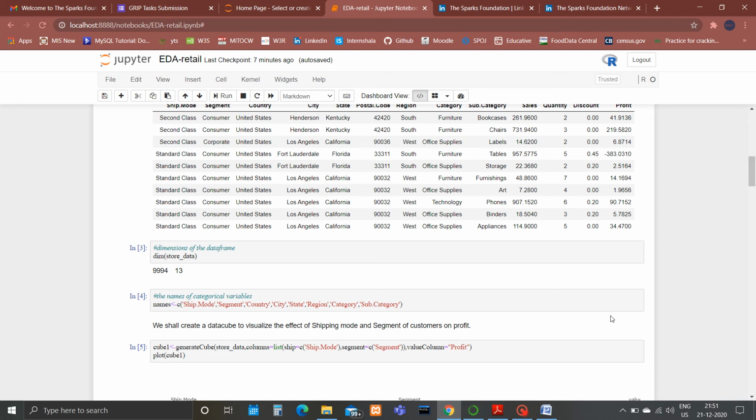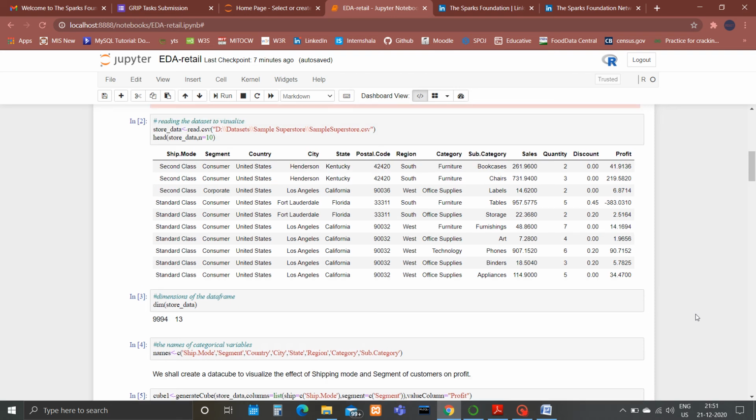And then we are generating the first cube. Actually here we have 13 columns. So if we make a data cube, then it will have 12 columns, and one will be the sale value, that is the profit here.